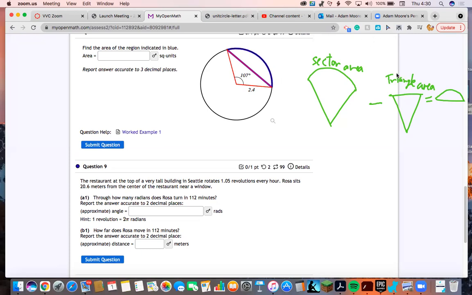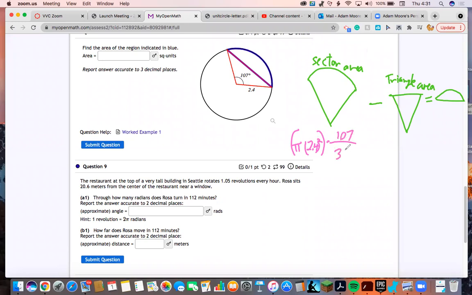Let's see here. So if we did sector area, let's choose different colors. Okay, sector area, that's going to be like we do. Area of the whole circle times a fraction of it. And so area of the whole circle, here's our radius, it's 2.4. So that'd be 2.4 squared times pi, and then times however many degrees we're using up out of the whole 360, where we're using up 107 degrees out of the whole 360.